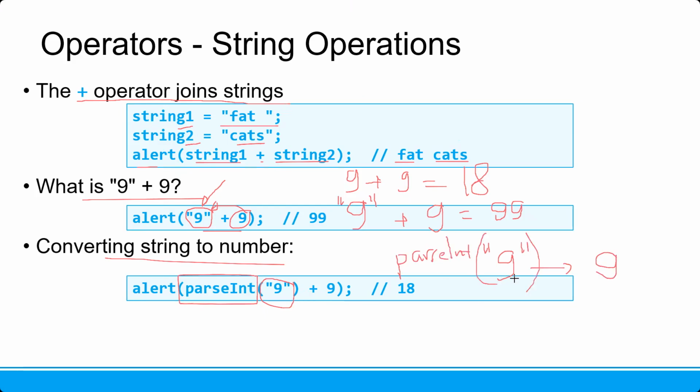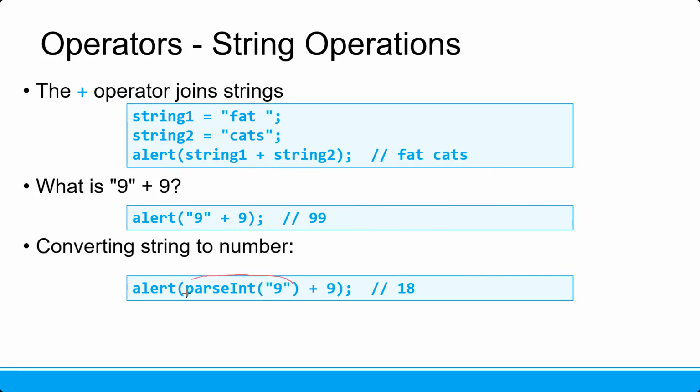So the 9, which is a string, can be changed to 9, which is an integer. So after I change this into numbers, then I can do just arithmetic operations. 9 plus 9, that is 18.